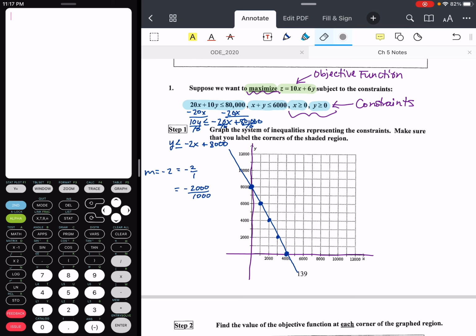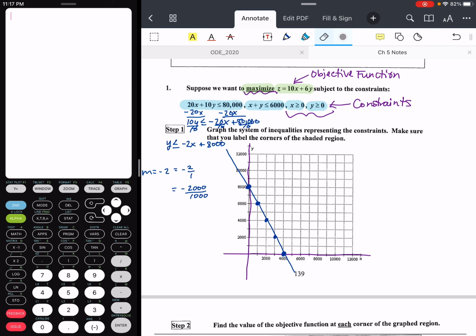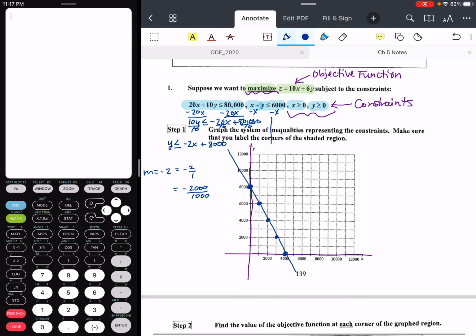All right, and then finally, let's take our last inequality over here, x plus y less than or equal to 6,000. I'm going to subtract x from both sides. So, sorry, it's getting a little messy. So this gives me y less than or equal to negative x plus 6,000.